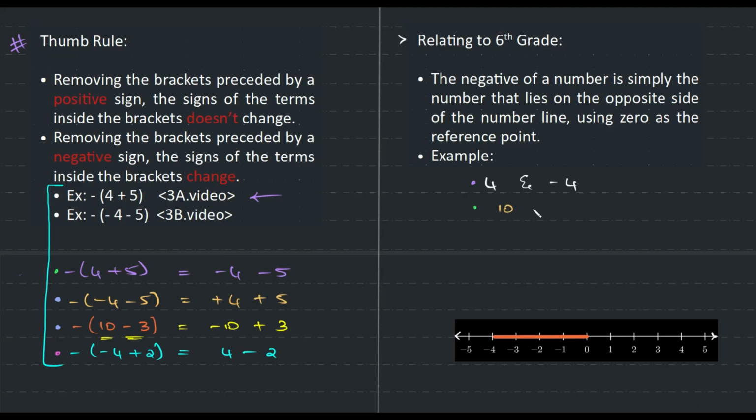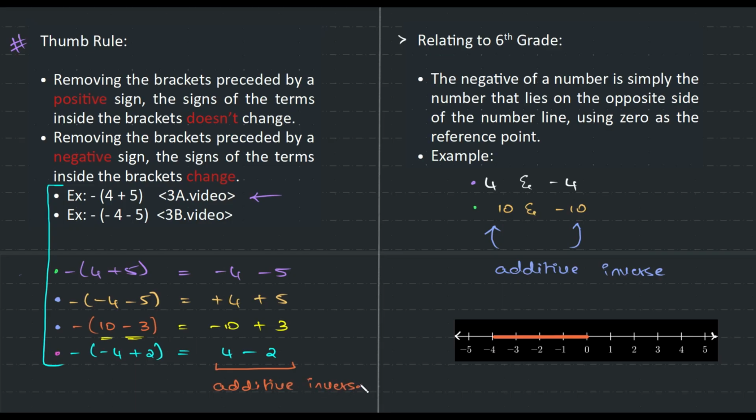Similarly, you can think of many such examples. Say we have 10 and -10. These are examples of additive inverse. So basically, when you open a bracket with a negative sign outside, all of these become the additive inverse of whatever is inside your brackets.